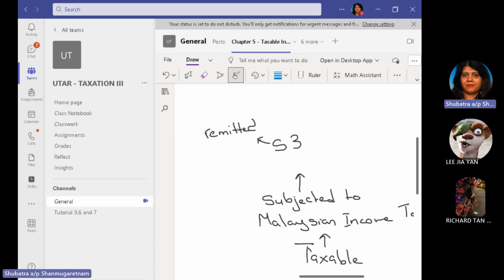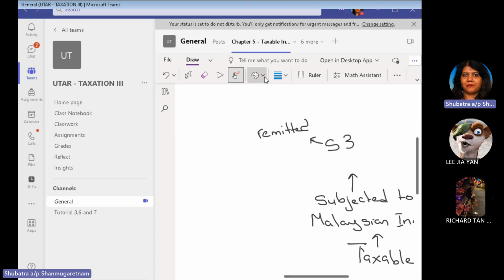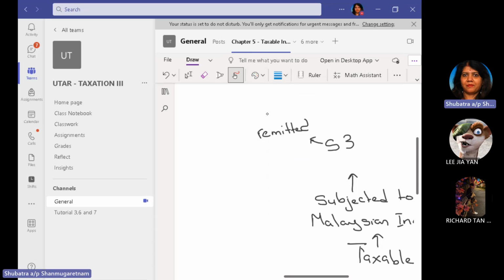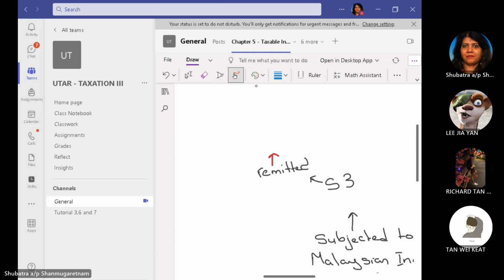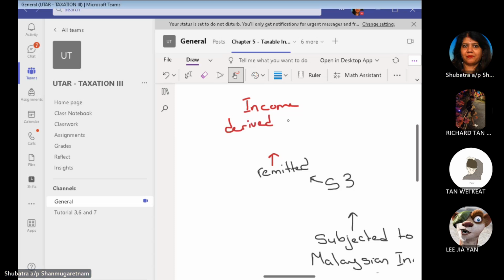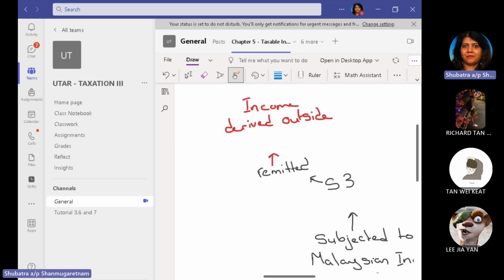So when you're talking about remitted, please remember your remittance rule says that the income derived overseas. That means you got the income from an overseas source.